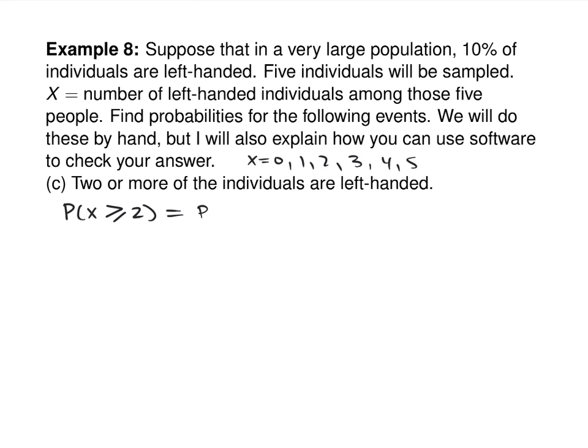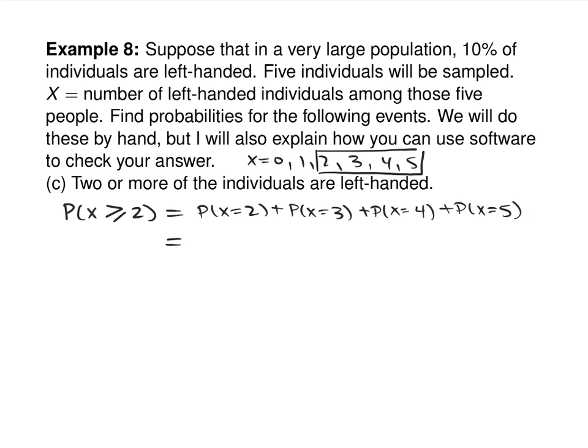This would be the probability that x is equal to 2, plus the probability that x equals 3, plus the probability that x equals 4, plus the probability that x equals 5. And before you freak out and don't do that, think about it this way. 2, 3, 4, 5, those are all the events which are the complement of the events 0 and 1.